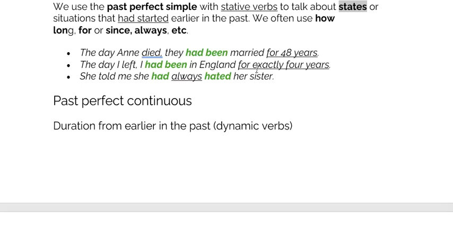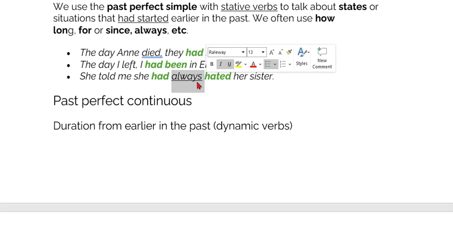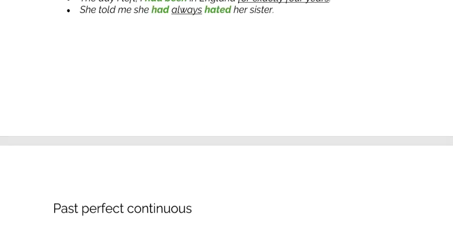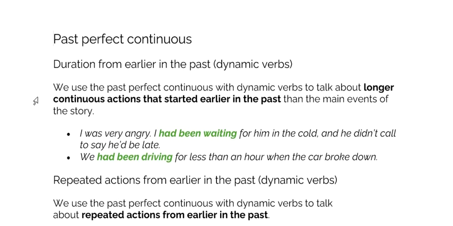And as you can see, we are using the preposition for and adverbs like always and since. She told me that she had always hated her sister. Hated her sister. So let's move on to the next point.